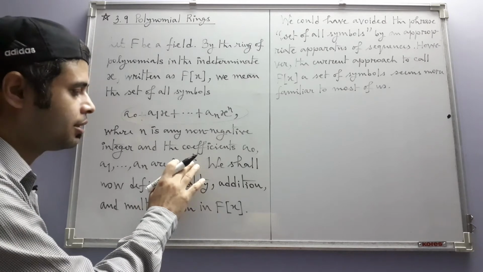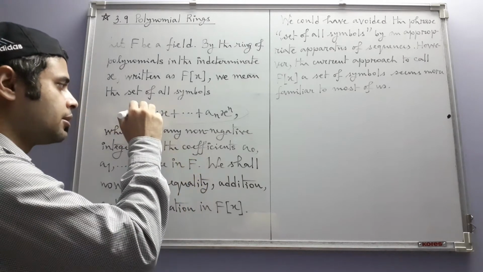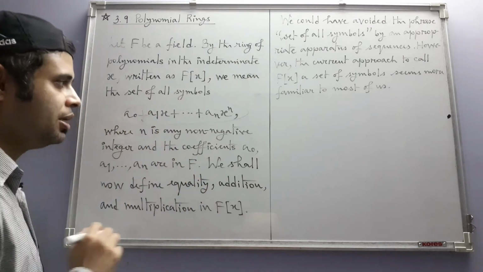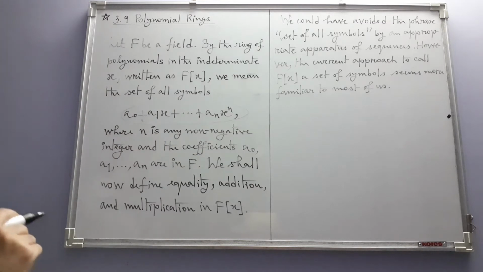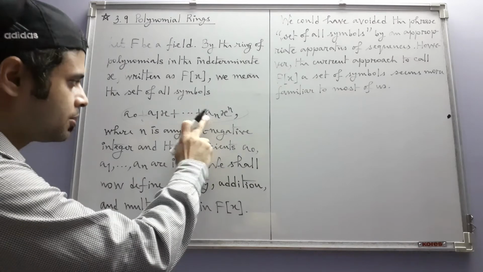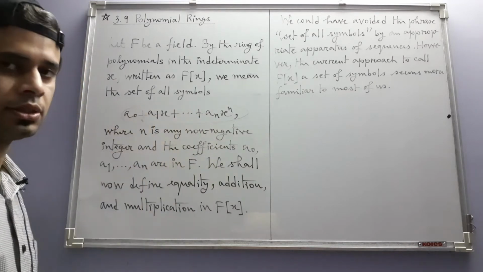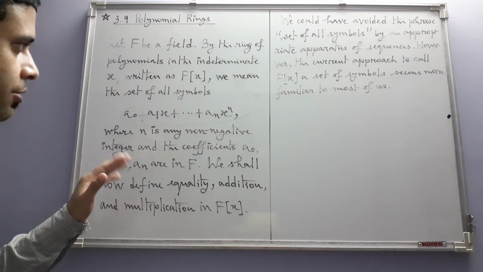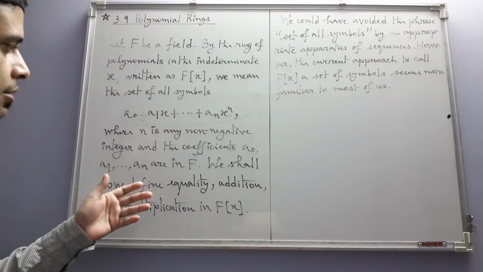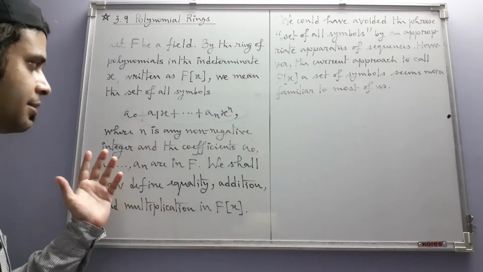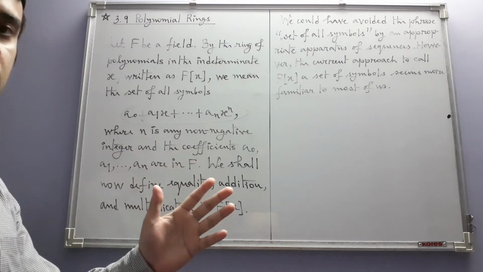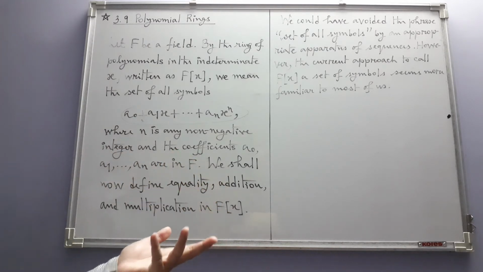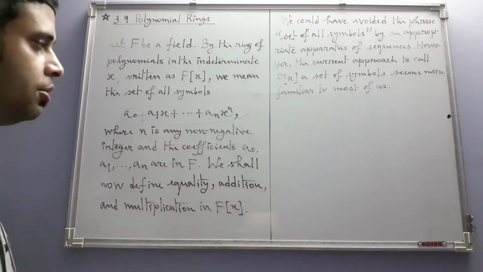We already know what a field is. So the symbol as a whole has meaning, but its individual parts separately don't have any meaning except the coefficients. They are elements of F. So you can understand that the whole thing has to be dealt with more carefully than we usually do.